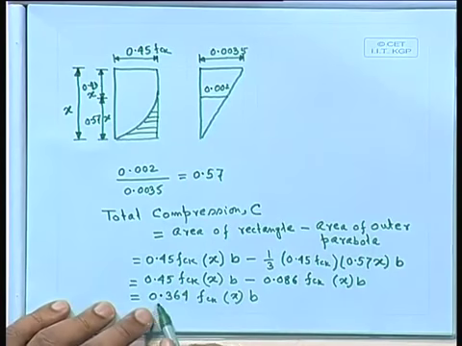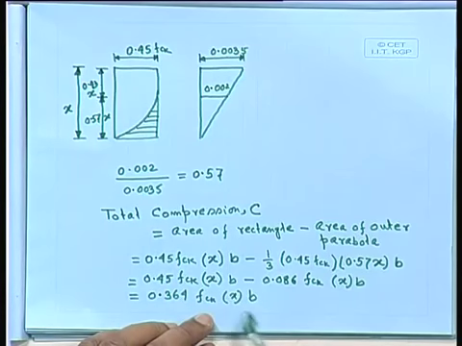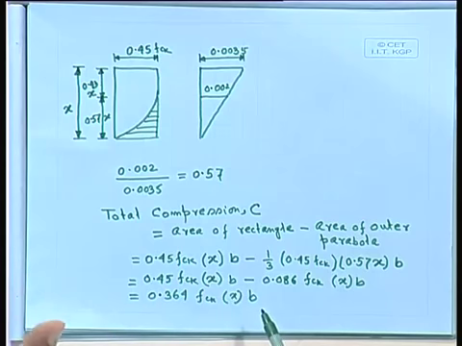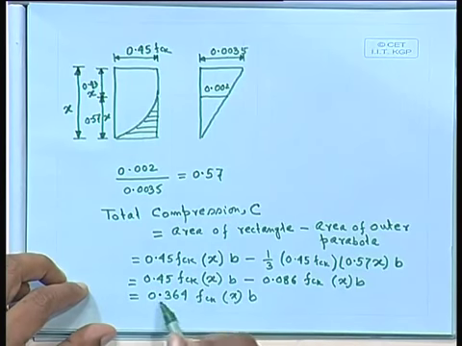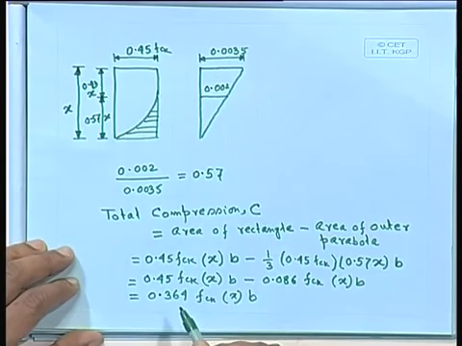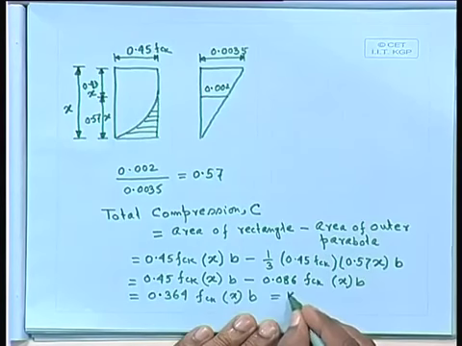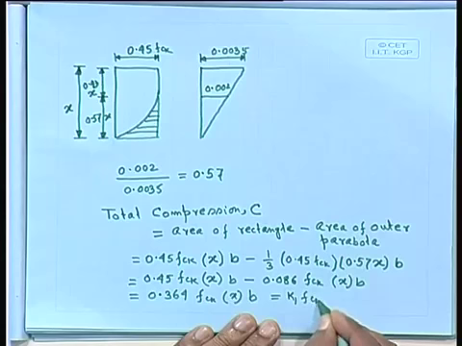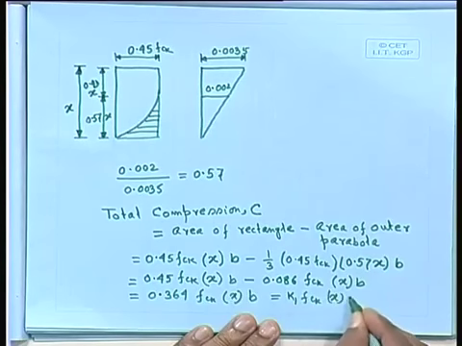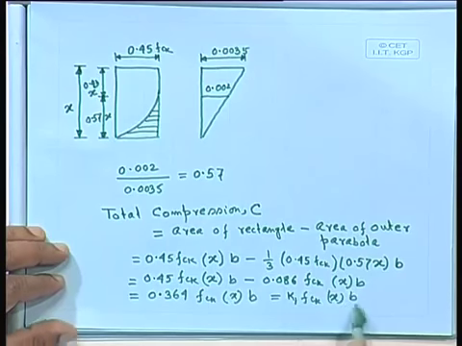We take this 0.364 fck x b. x is the depth of the neutral axis, fck the characteristic strength, b width of the beam. This 0.364 we can take as one factor, K1, so K1 fck x b. This is one factor generally considered.